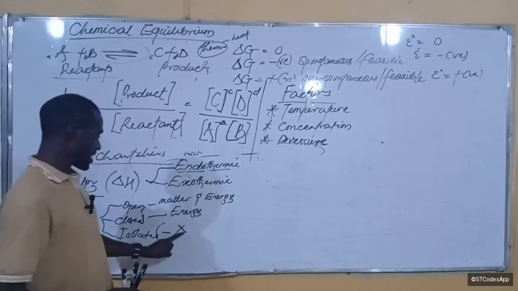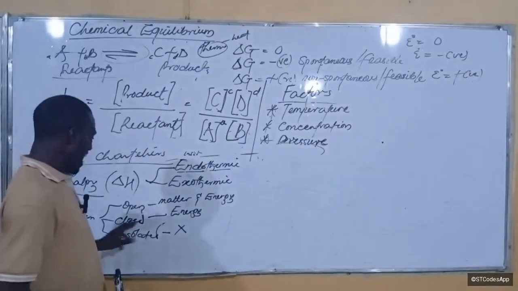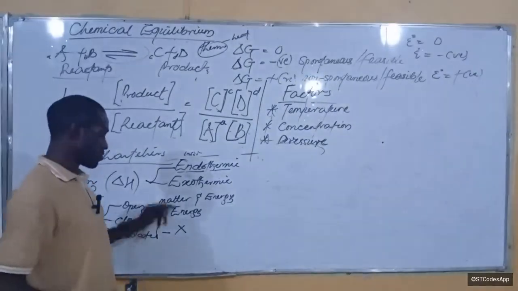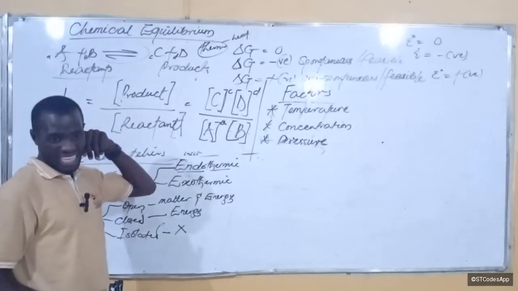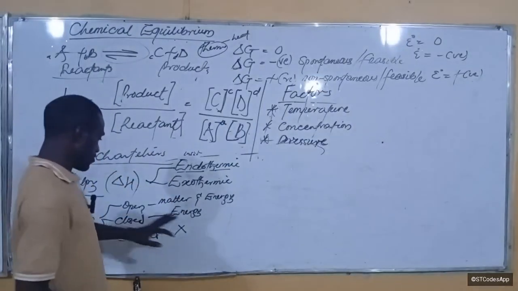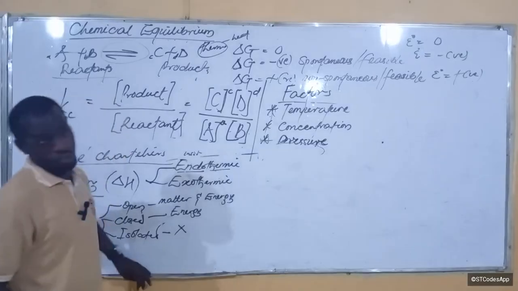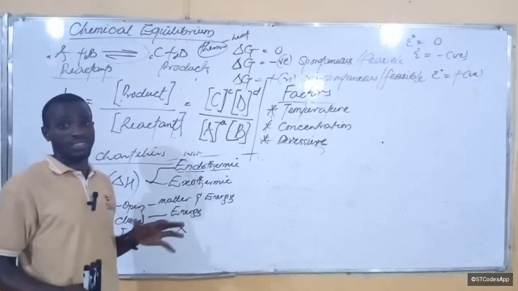So that tells you that everything in an isolated system is conserved. Actually, an isolated system is kind of an ideal case, a case of idealism. I don't know if there is an isolated system in the world, because you cannot totally isolate a system.